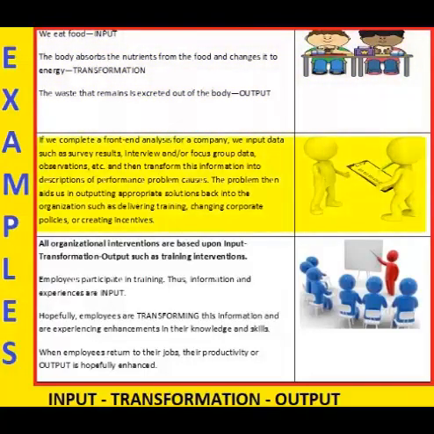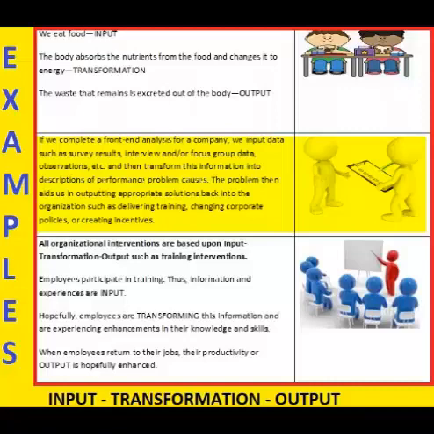So when companies complete a front-end analysis, they are inputting data such as survey results, interviews, or focus group data, and then they transform this information into descriptions of performance problems. And with that, the problem then aids in outputting appropriate solutions back into the organization, such as delivering training programs or changing corporate policies or creating incentives.